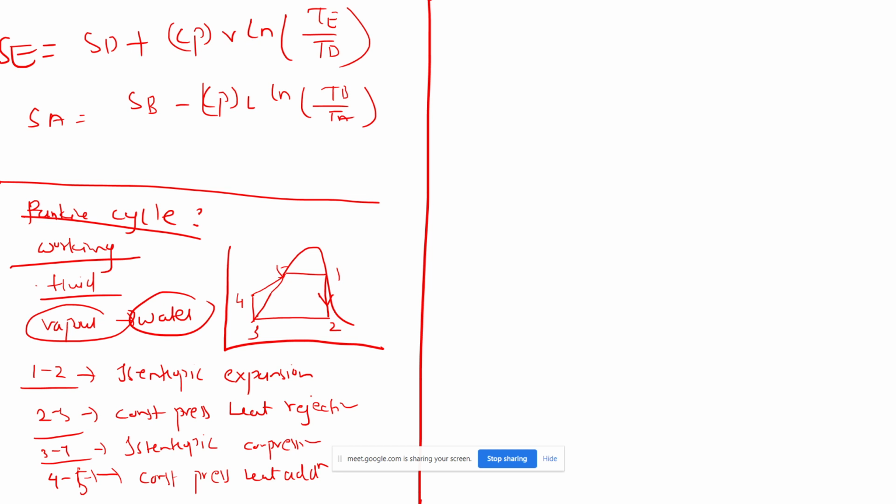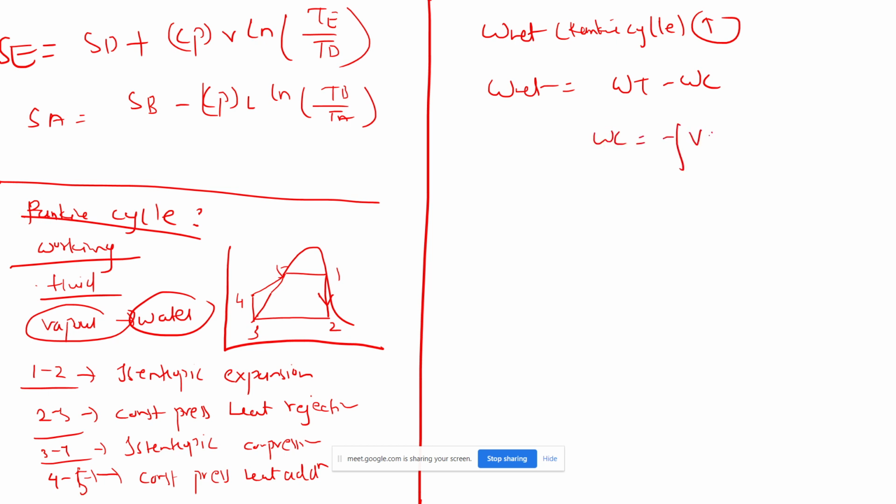We have already discussed that the net work output of Rankine cycle is higher. Why is it higher? Because net work is turbine work minus compressor work. At the inlet of the compressor, WC is represented by V dP. Here V is in the form of saturated liquid, and it is very, very small.